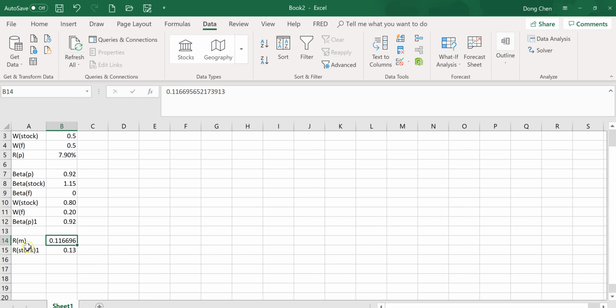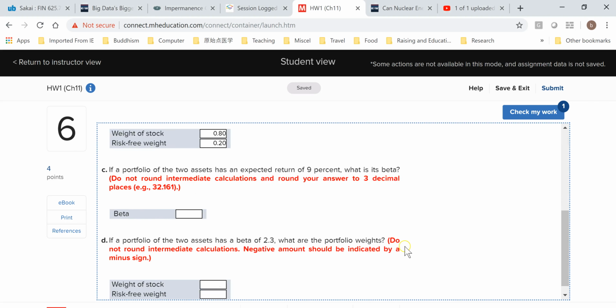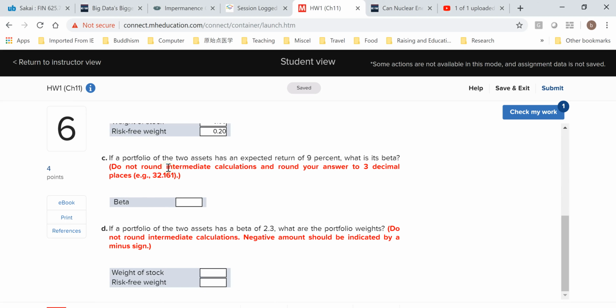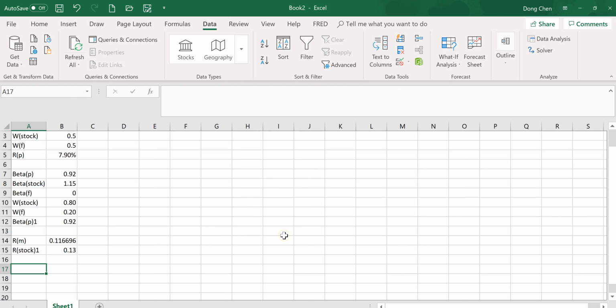So now with this Rm, go back to part C. If a portfolio of the two assets has an expected return of 9%, so now the return of the portfolio is 9%. That's given. And we know the market return, and we know the risk-free rate.